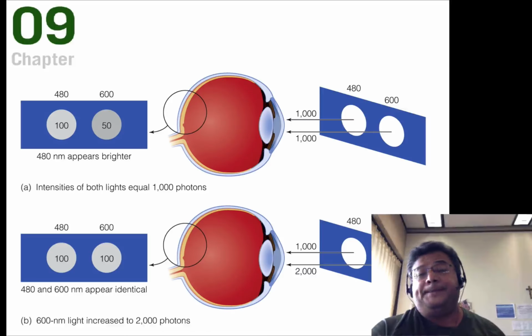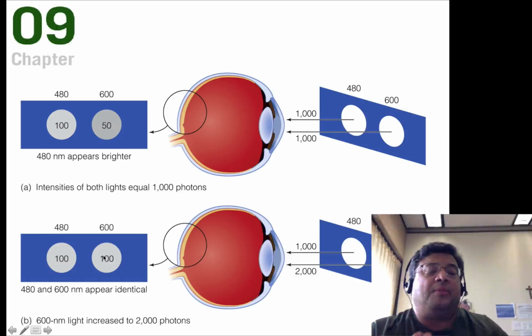And once again, the 480 is going to isomerize 100 molecules, but the higher intensity is going to cause more molecules to get isomerized. Obviously they're not as sensitive to the 600, so it takes twice as many photons to get the same number of molecules isomerized in the 600 nanometer as in the 480 nanometer.